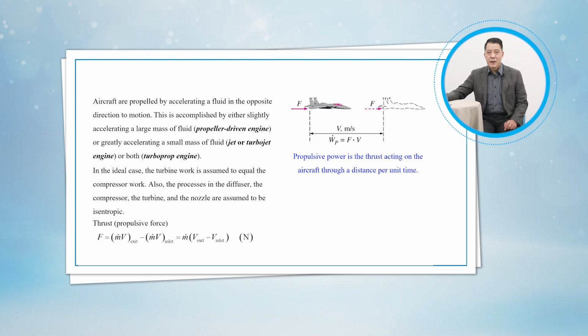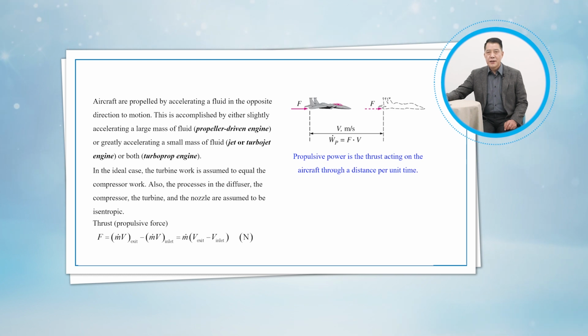The thrust developed in a turbojet engine is the unbalanced force that is caused by the difference in the momentum of the low velocity air entering the engine and the high velocity exhaust gases leaving the engine, and it is determined from Newton's second law.